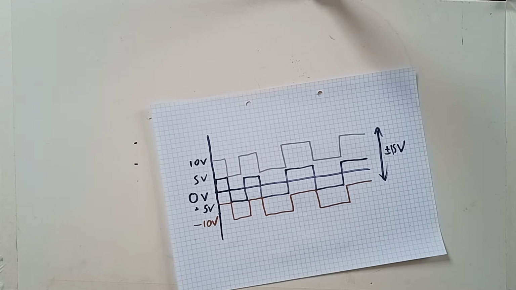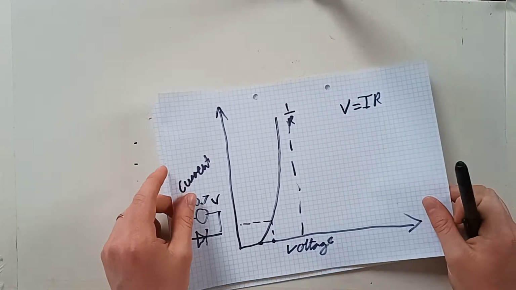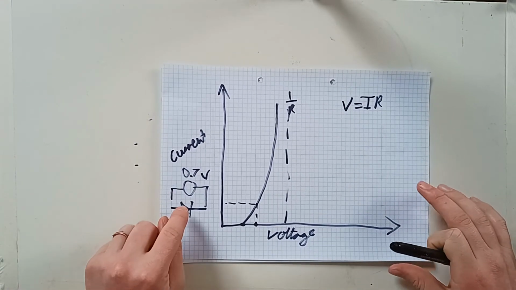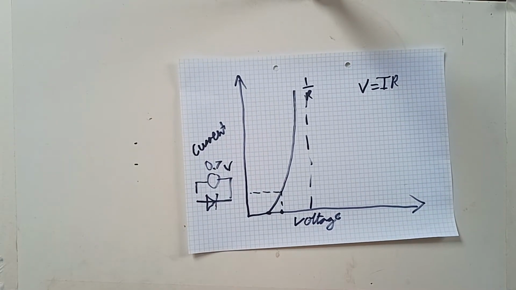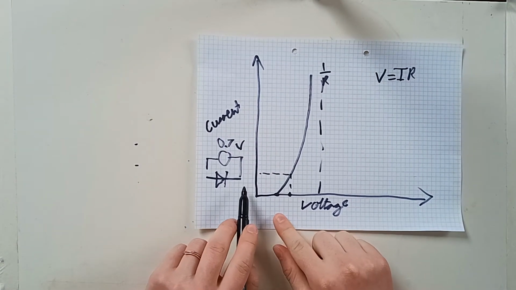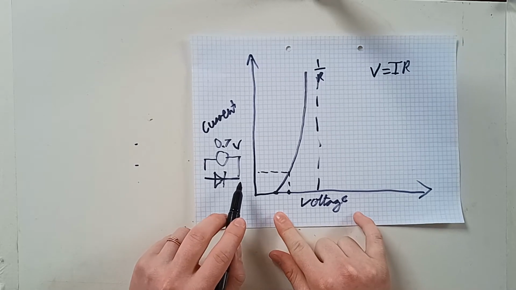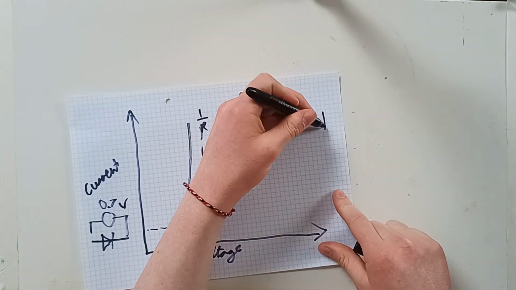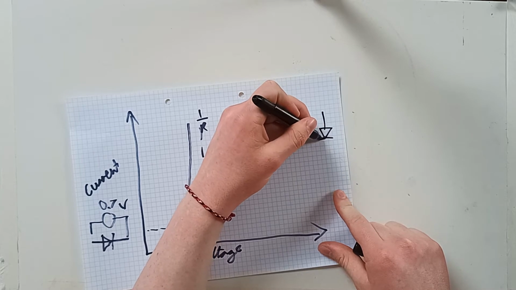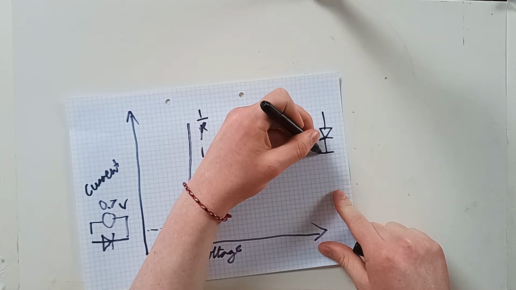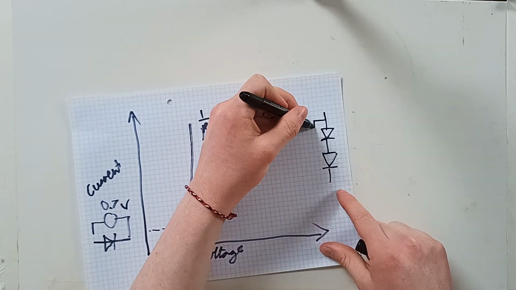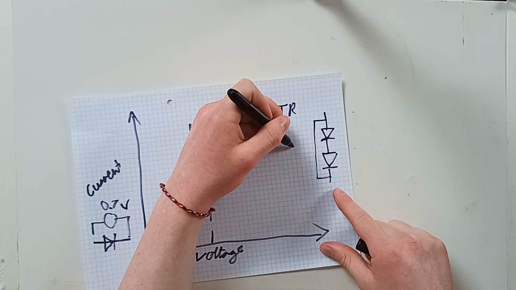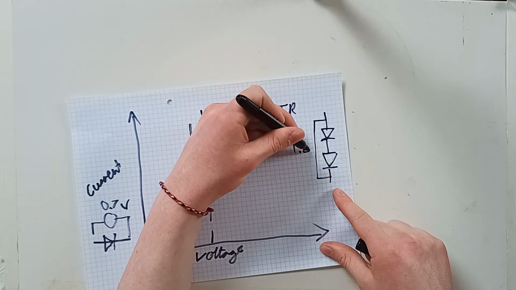Which is more than enough to correctly bias these diodes. Because when you run diodes in series, this 0.7 volts applies for each diode. So the more that you have running in series, the more this voltage increases. So if you start with one and then you add another, that would then have an activation voltage of 1.4 volts.